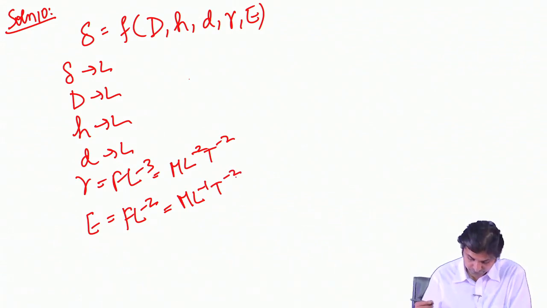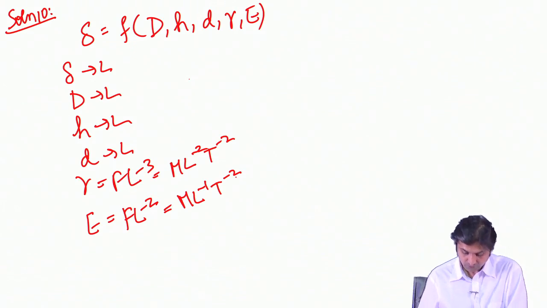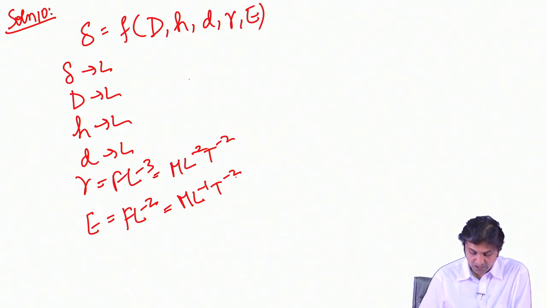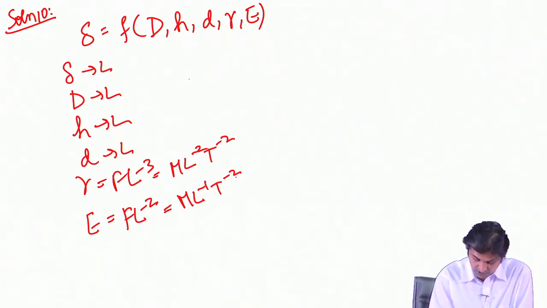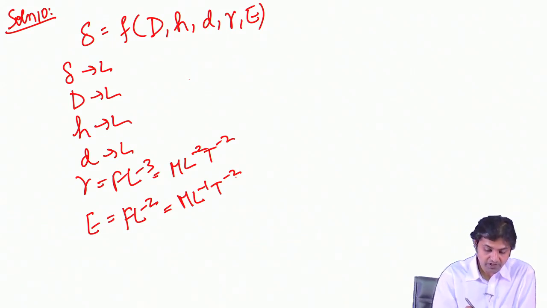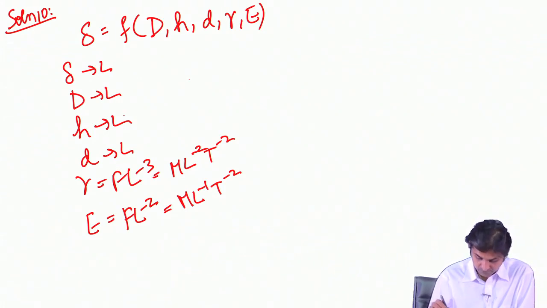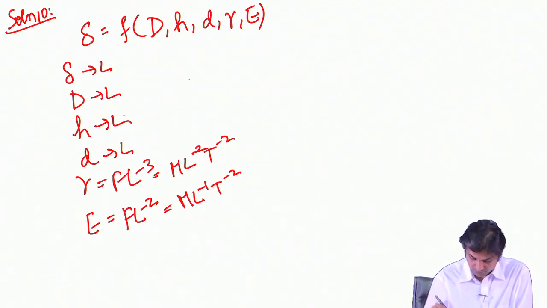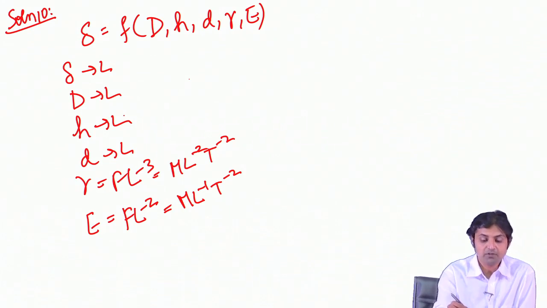All right. So we have to determine the number of required pi terms here, right? So for now we will use FLT as our system, not MLT.